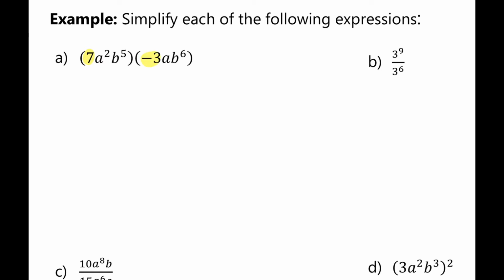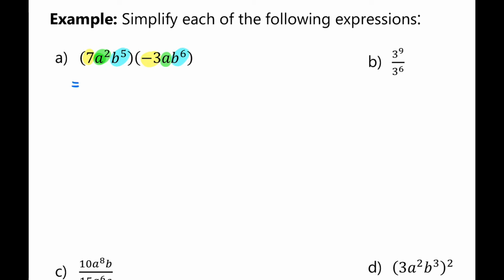That's a coefficient. But we also have variable a, and then a squared together, and there's a here. We also have b to the power of 5, b to the power of 6. So when you're multiplying, you can just multiply the like terms together.